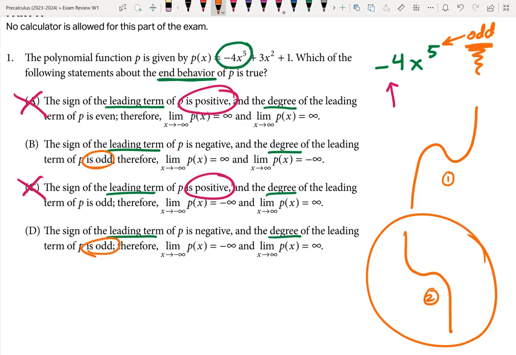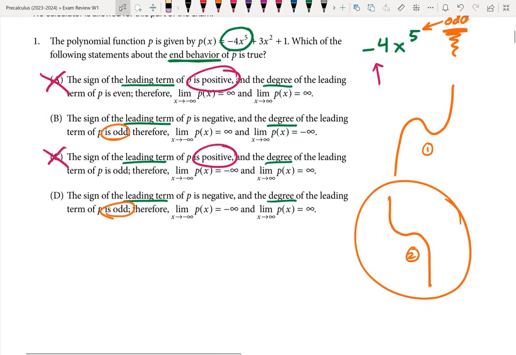Now we're dealing with end behavior. So let's look at the end behavior. For the one I have circled, as x goes to negative infinity, where is our function going? Which one matches that? B or D? As x goes to negative infinity, the function goes to positive infinity. Does B have that or does D have that?